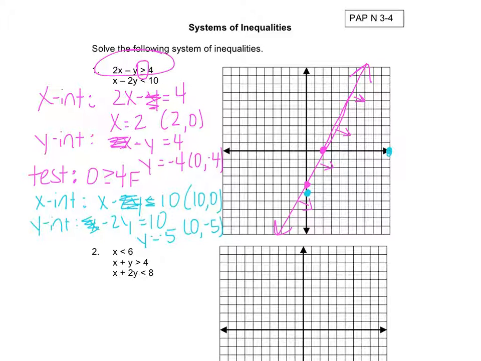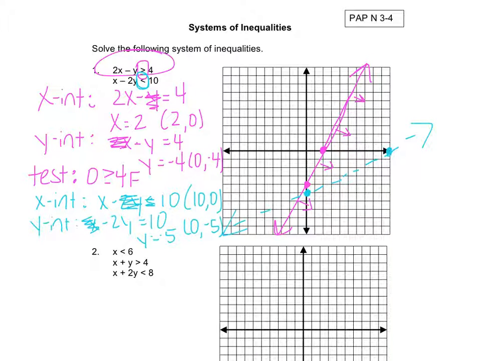Before we connect those points, look at your inequality. Notice it just says less than. It doesn't say equal to. So remember, that does not include the points on the line. So you need to have a dotted line. Make sure to extend it throughout the whole graph.